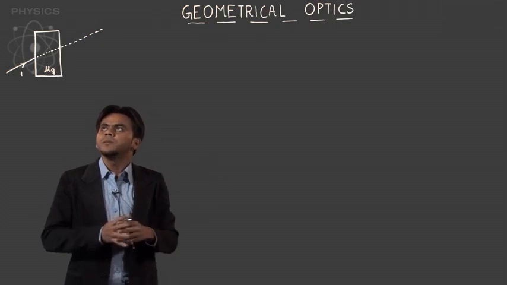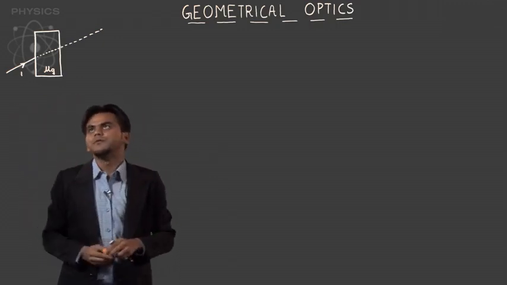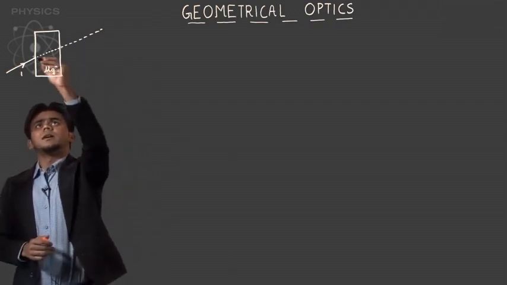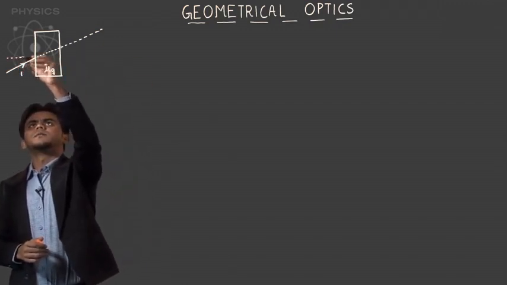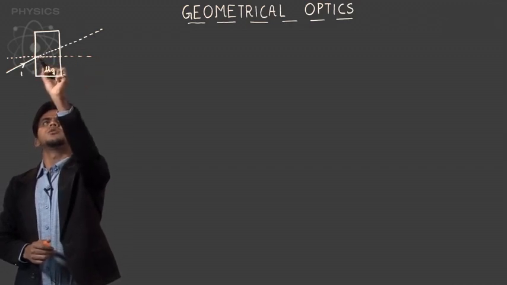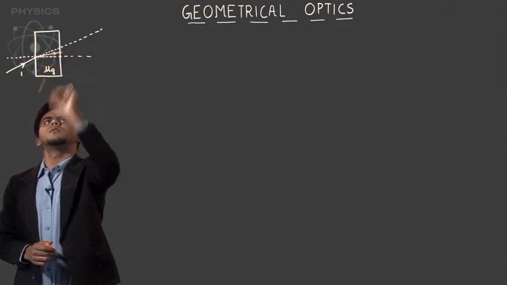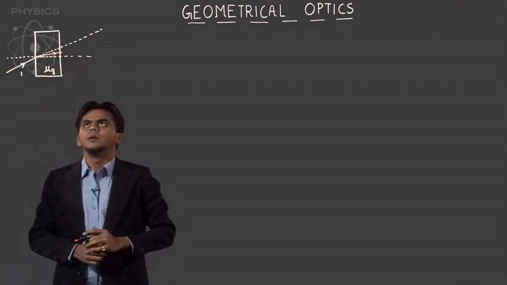So naturally, over here, if my sine theta has to decrease, my theta has to decrease, which means if I draw a normal over here, my ray should come closer to the normal.